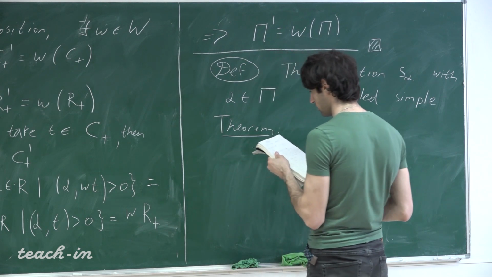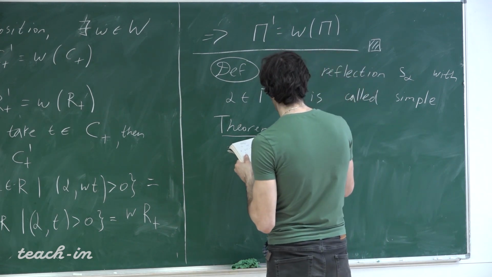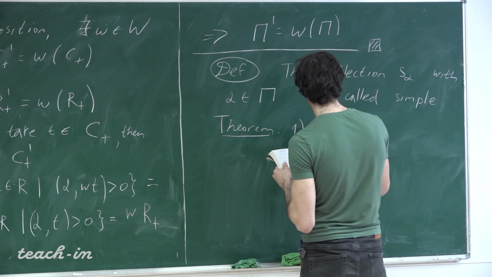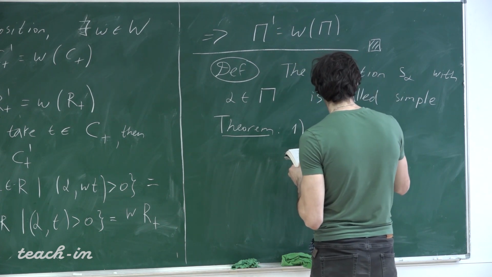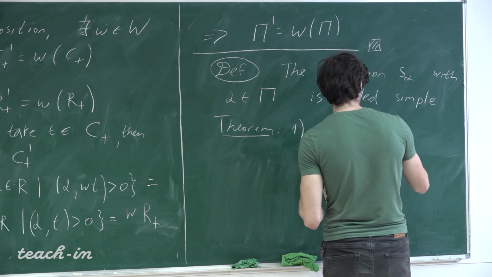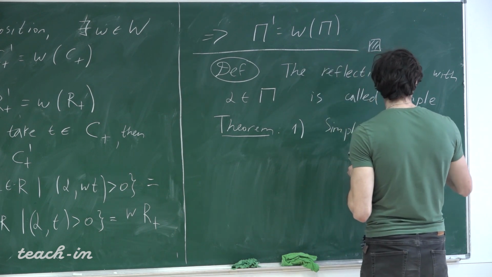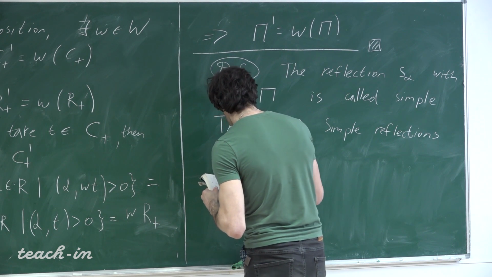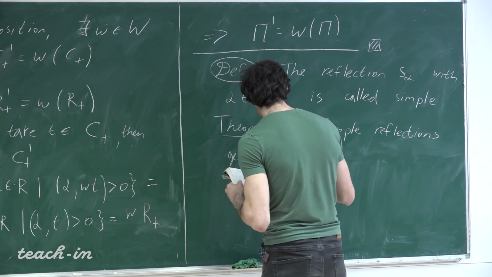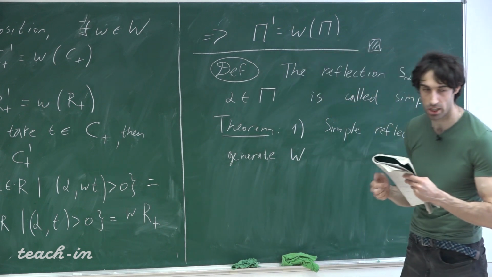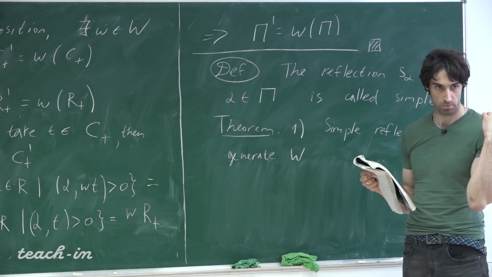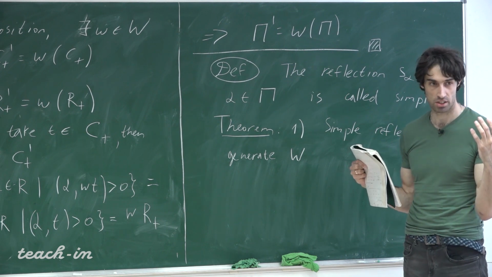It consists of two parts. First part is that simple reflections generate W. So before, W, by definition, was generated just by reflections, right?